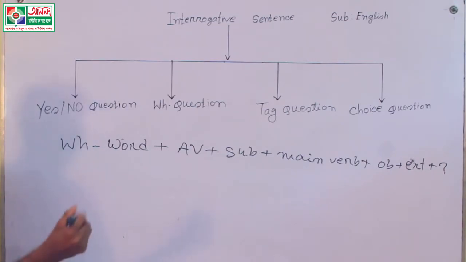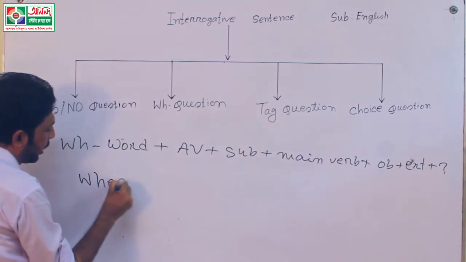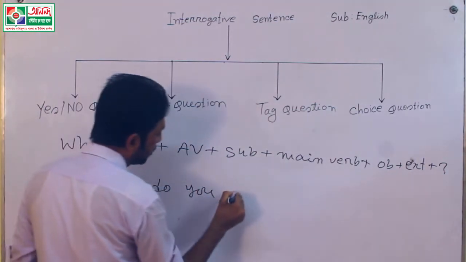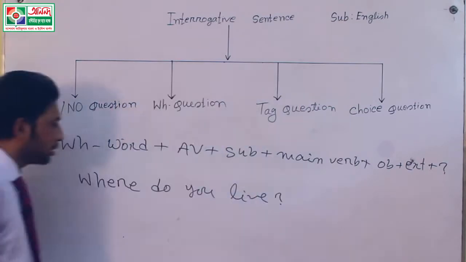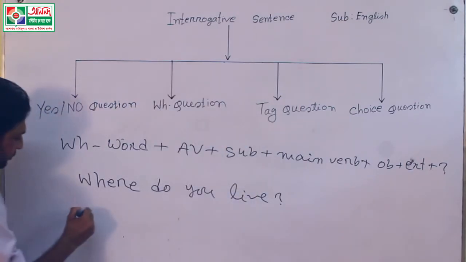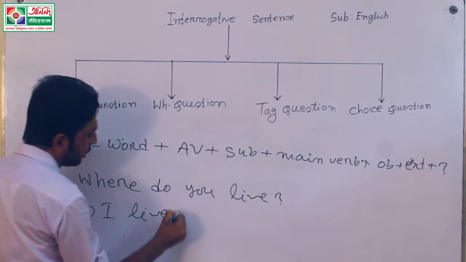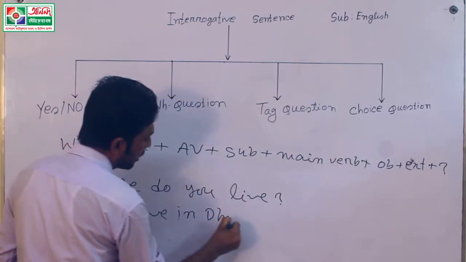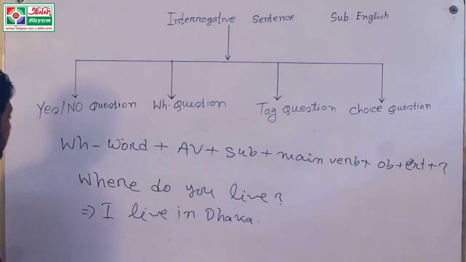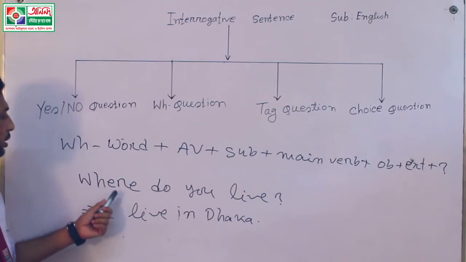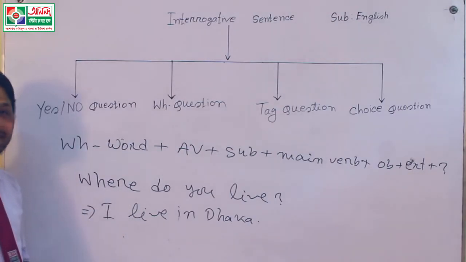Look at the example. Where do you live? You can give the answer, I live in Dhaka. My dear students, you can choose any WH word according to the sentence.